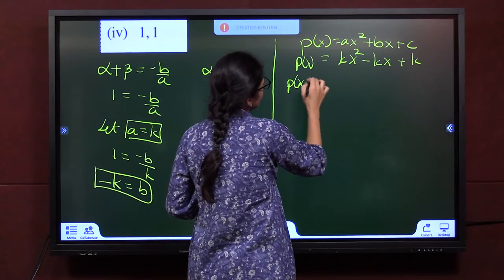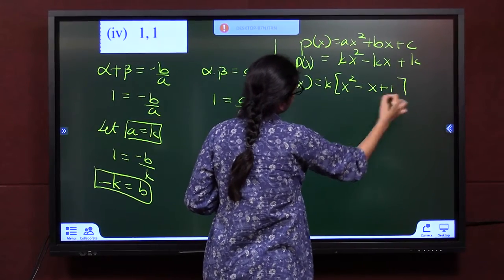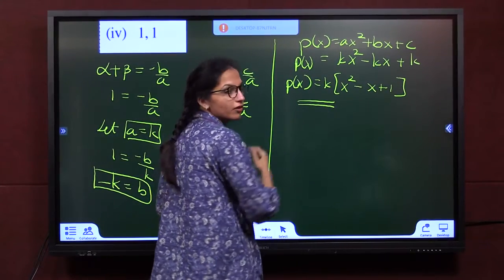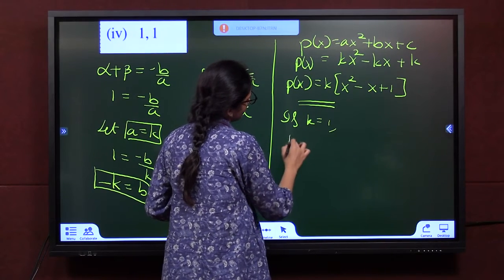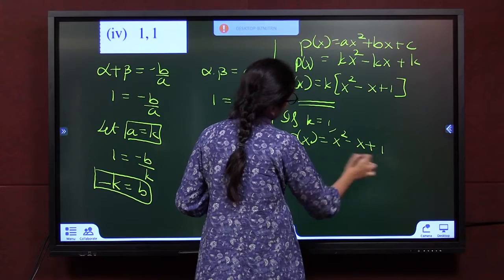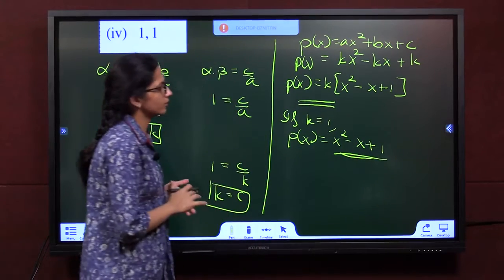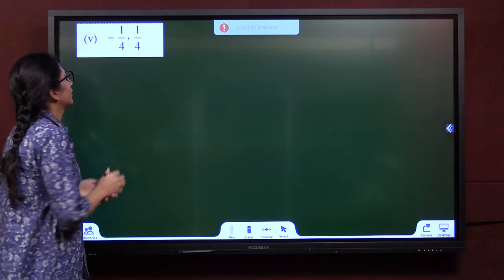P of x is equal to k into x square minus x plus 1. This is the general form of the polynomial. If k equals 1, then p of x is equal to x square minus x plus 1. You can stop here, no problem, but this is if k equals 1, what happens?